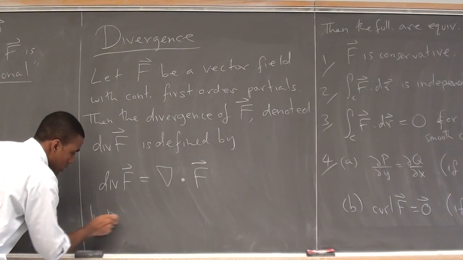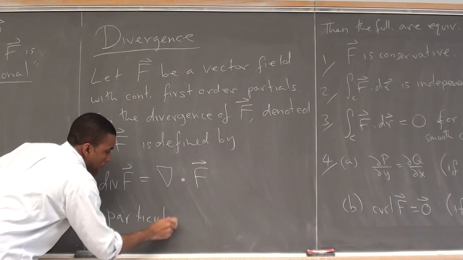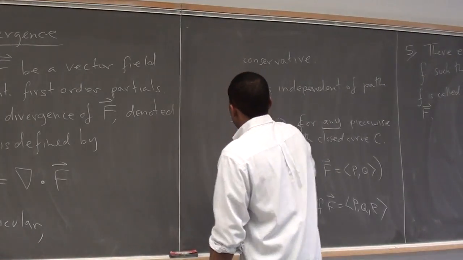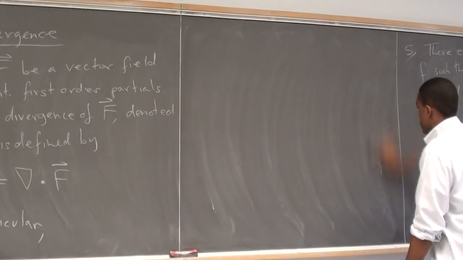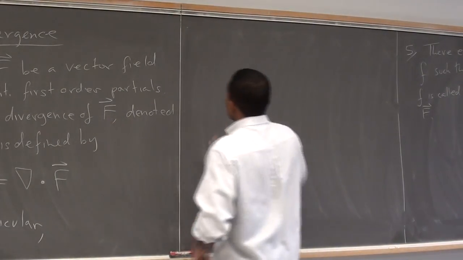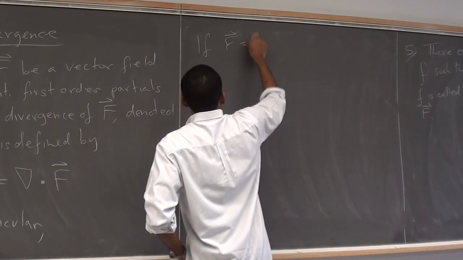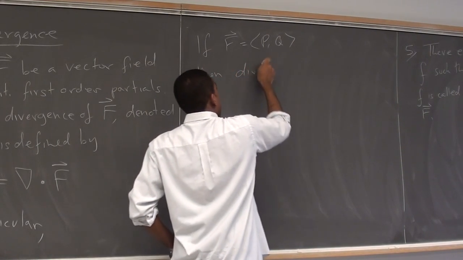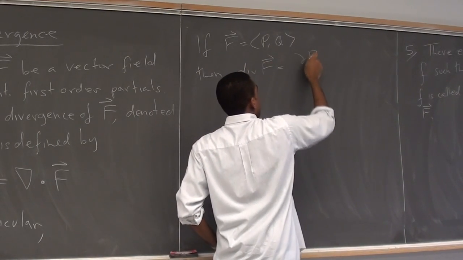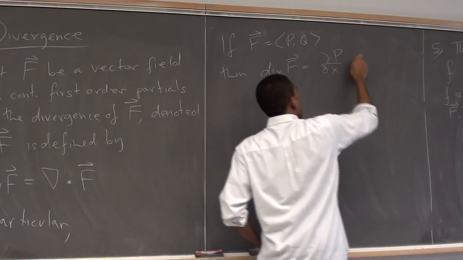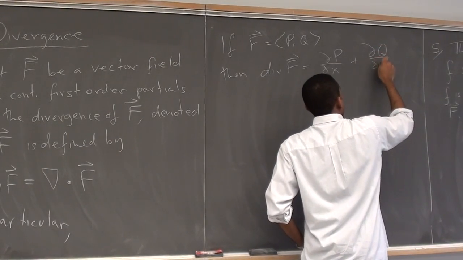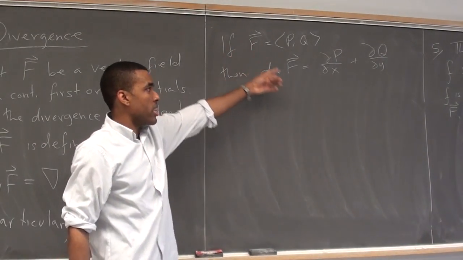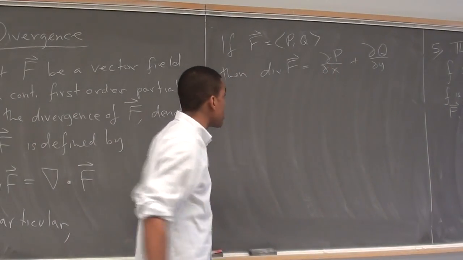In particular, if f is equal to pq, then the divergence of f is just partial of p with respect to x plus partial of q with respect to y. It's the same trick as finding the gradient, except it's not a vector, it's a scalar.